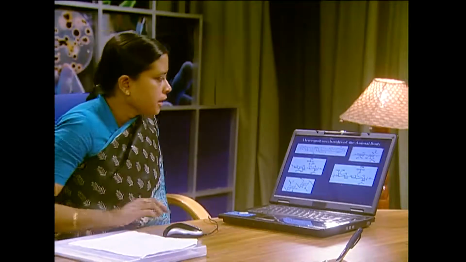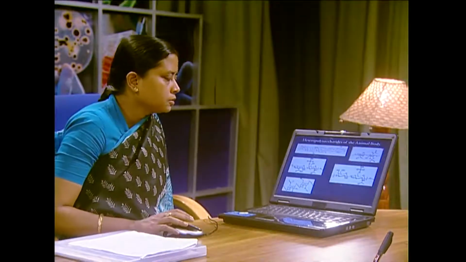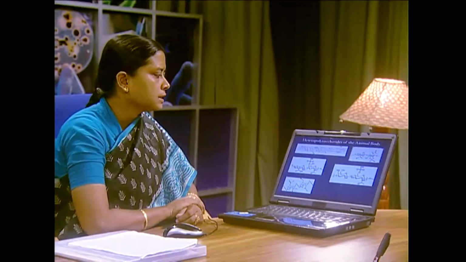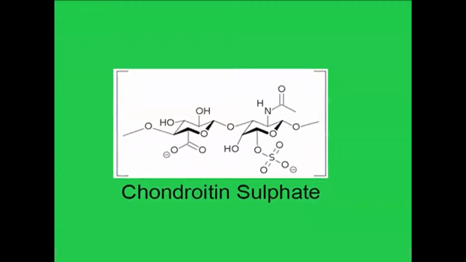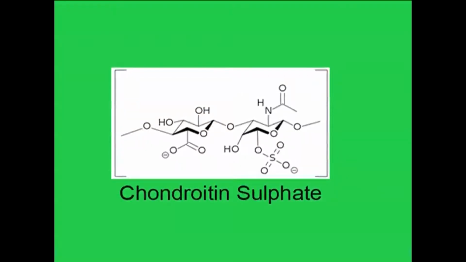Hyaluronan, also called hyaluronic acid, a derivative, the hyaluronan salt, forms the ground substance of the connective tissues. Chondroitin sulfate and dermatan sulfate are important components of proteoglycans.